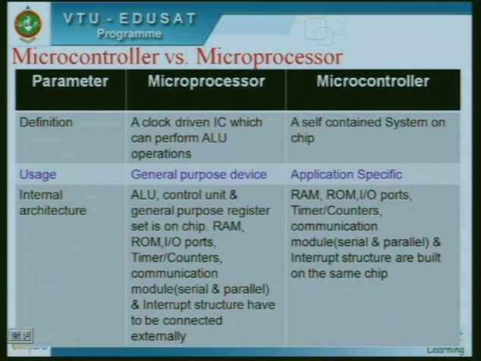So, the major differences to be identified between a microcontroller and a microprocessor: first, based on the parameter, the definition of a microprocessor. A microprocessor is a clock driven IC which can perform all ALU related operations.